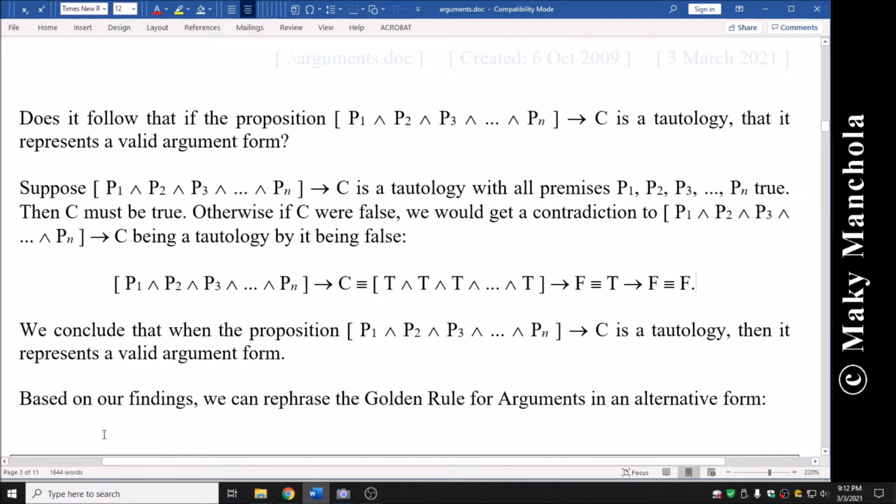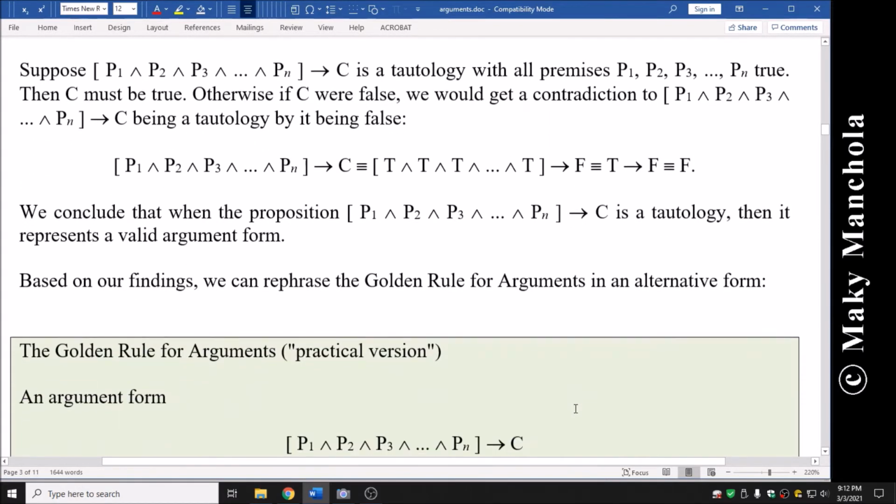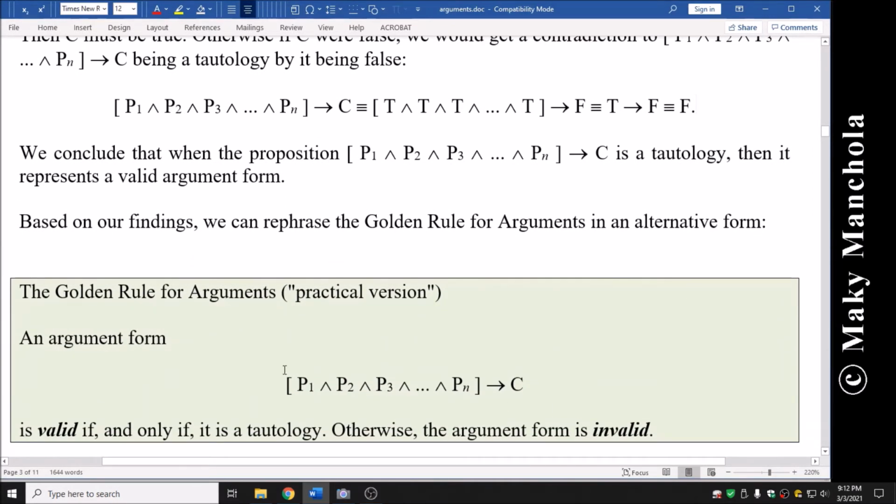Based on our findings, we can rephrase the golden rule for arguments in an alternative form. In argument form, conjunction of the premises implies conclusion is valid if and only if it is a tautology.